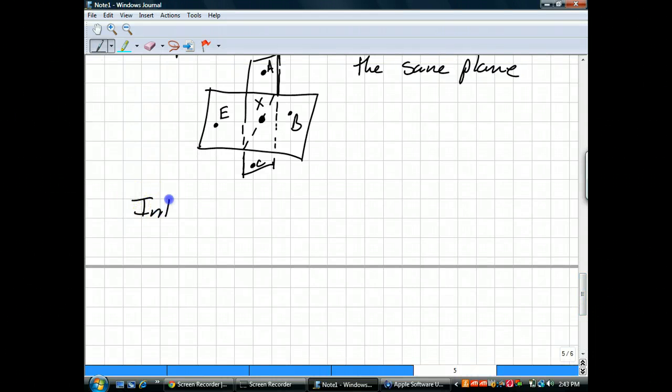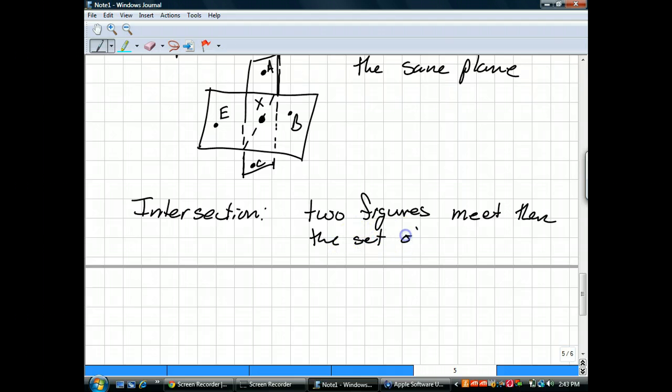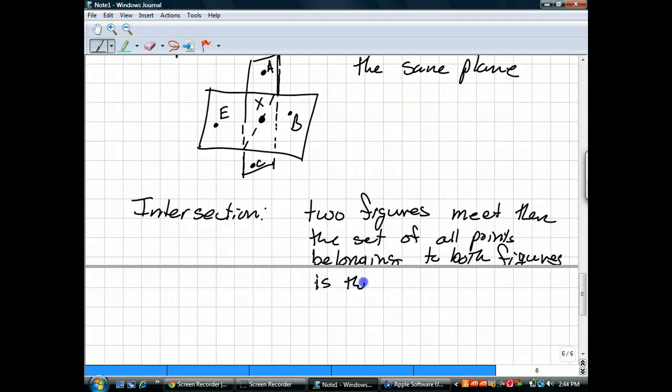And then we have the idea of intersection. Intersection is where, if two figures meet, the set of all points belonging to both figures is the intersection.